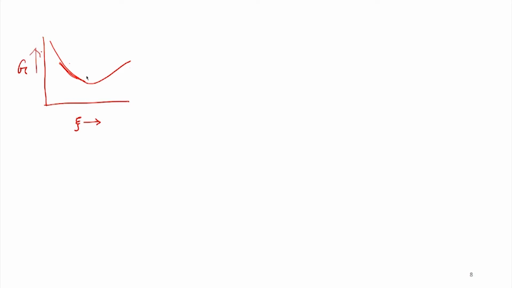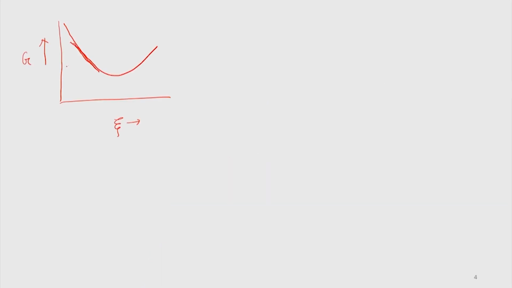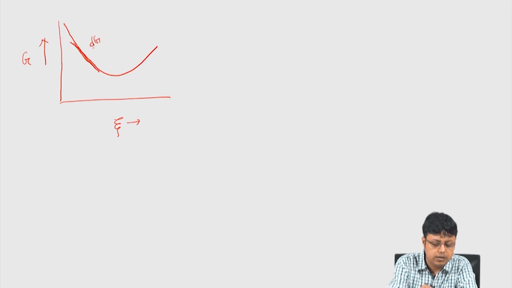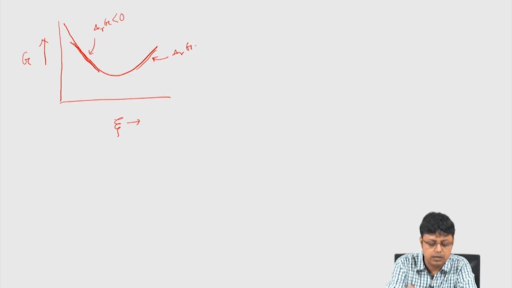we will see that the slope here is negative, which means the Gibbs free energy decreases in the forward direction. So, we see that the slope, which is dG by d xi, whichever way we write it, is equivalent to the reaction Gibbs free energy, delta R G, and at equilibrium delta R G is 0.